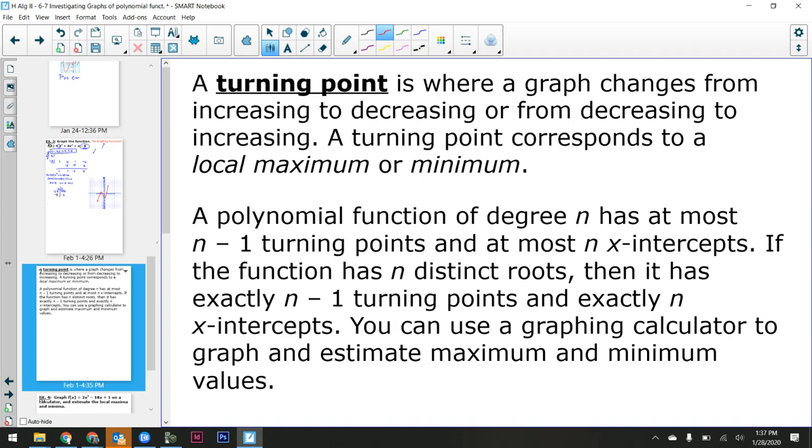Remember back to quadratics? If I gave you a parabola, a U-shape, the vertex was a minimum value. I could actually calculate what that is using negative b over 2a and then plugging that in. You can't do that with polynomials. You can't find maximum and minimum values with an equation. So what you have to do is go on your calculator and find those.